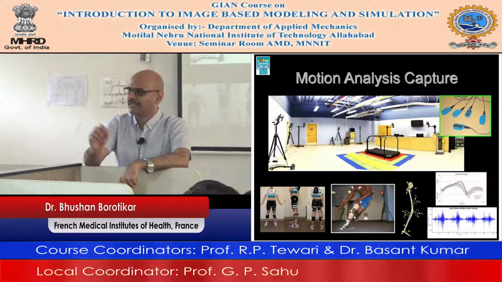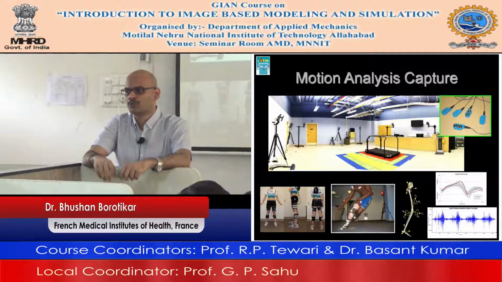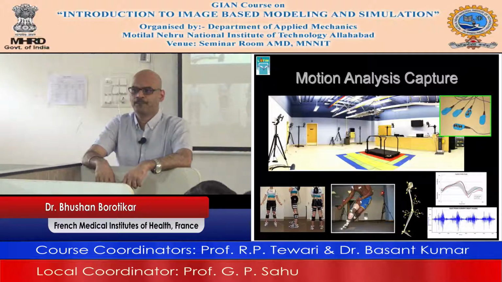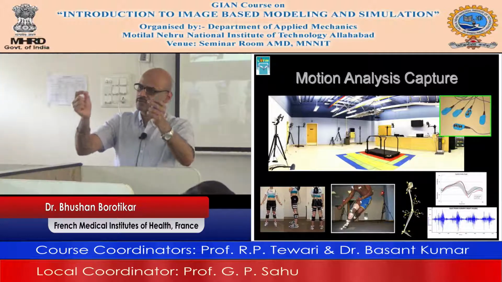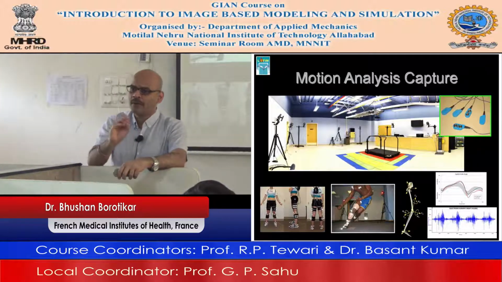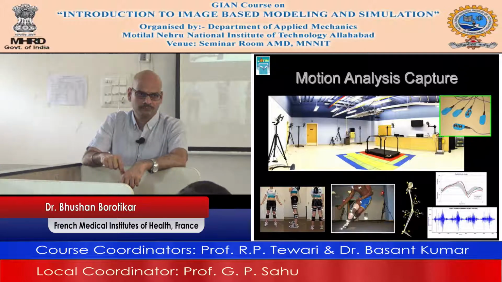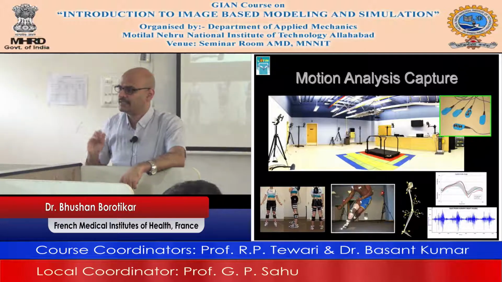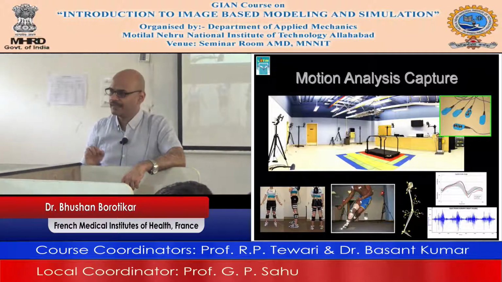No. But it will still calculate everything based on that. What you can do in your OpenSim is place the markers on your model exactly the way they are placed here. So the markers only are there to move the model, not to give you an analysis of the joints. And that's the difference.